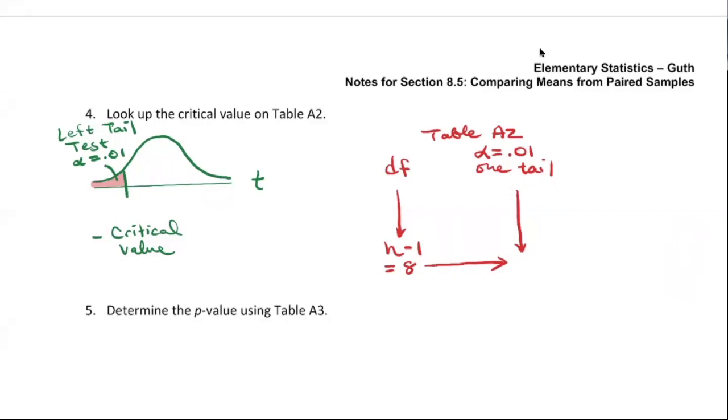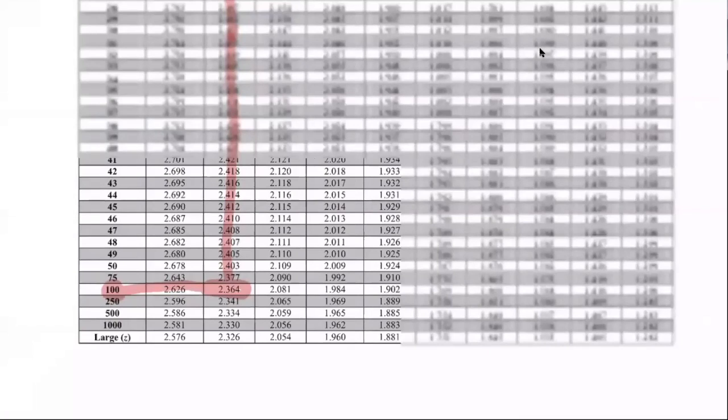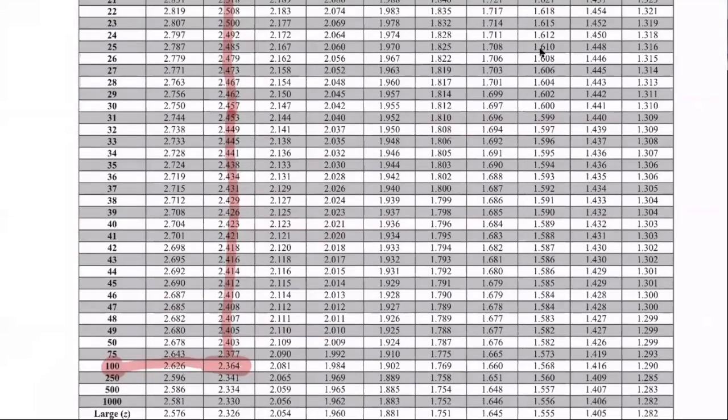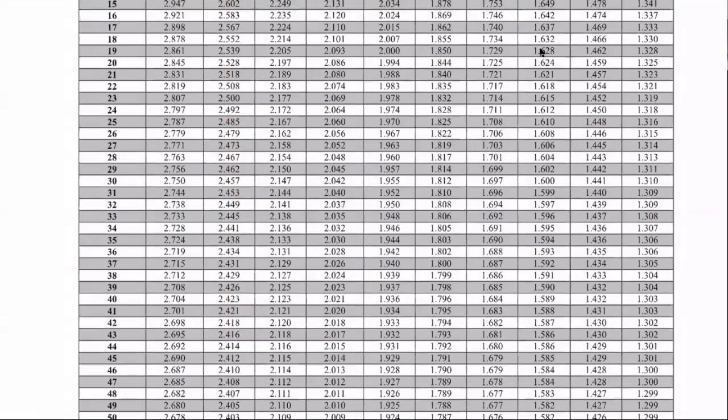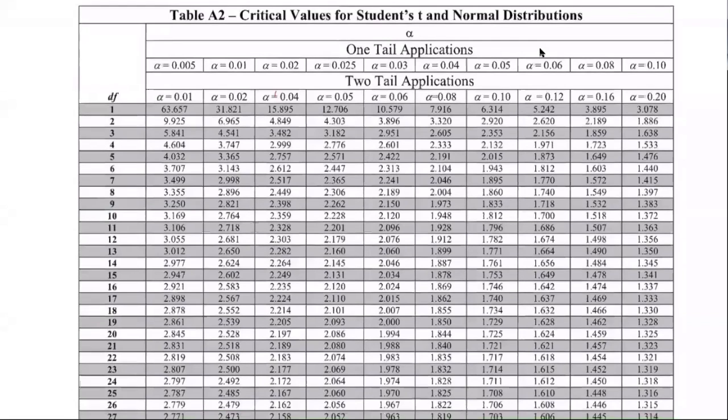Okay, so let me grab that real quick. Table A2. All right, so okay, that's better. All right, so we had 8 degrees of freedom here, and a one tail with a 0.01 alpha.